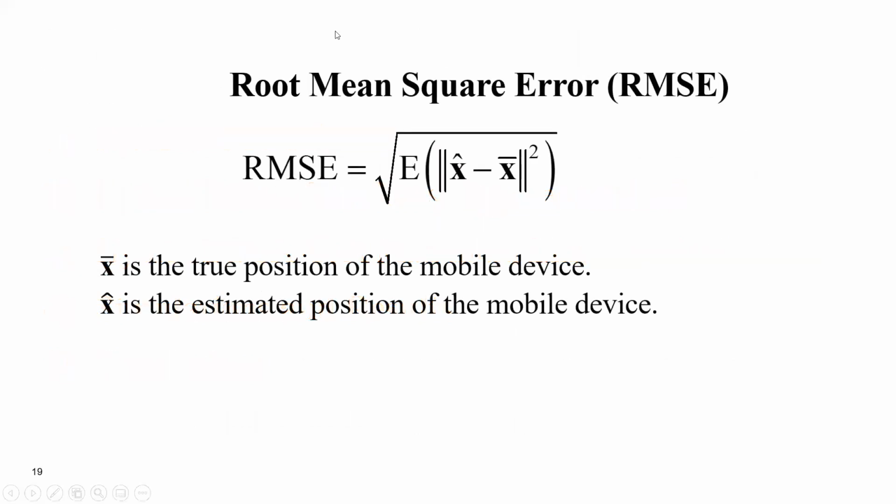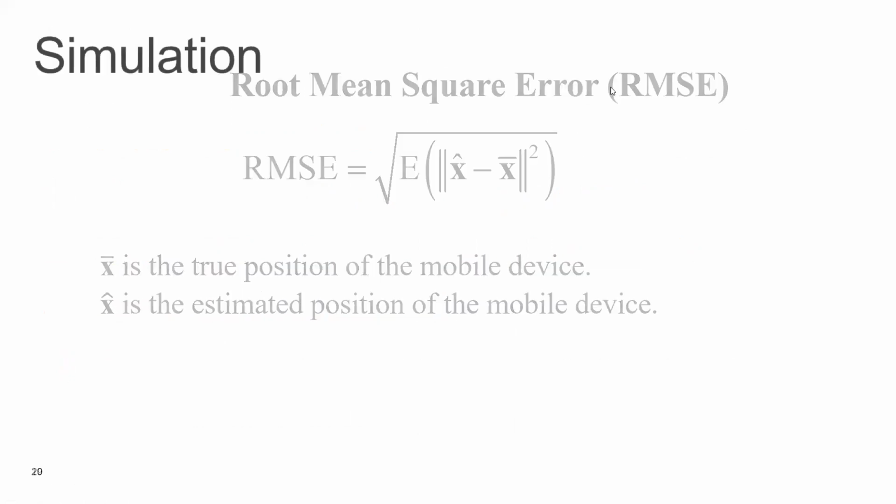We define the root mean square error to compare the algorithms. This is the equation of the root mean square error. We take the difference of the true position and estimated position, we take the average over all the trials, and then we take the square root.